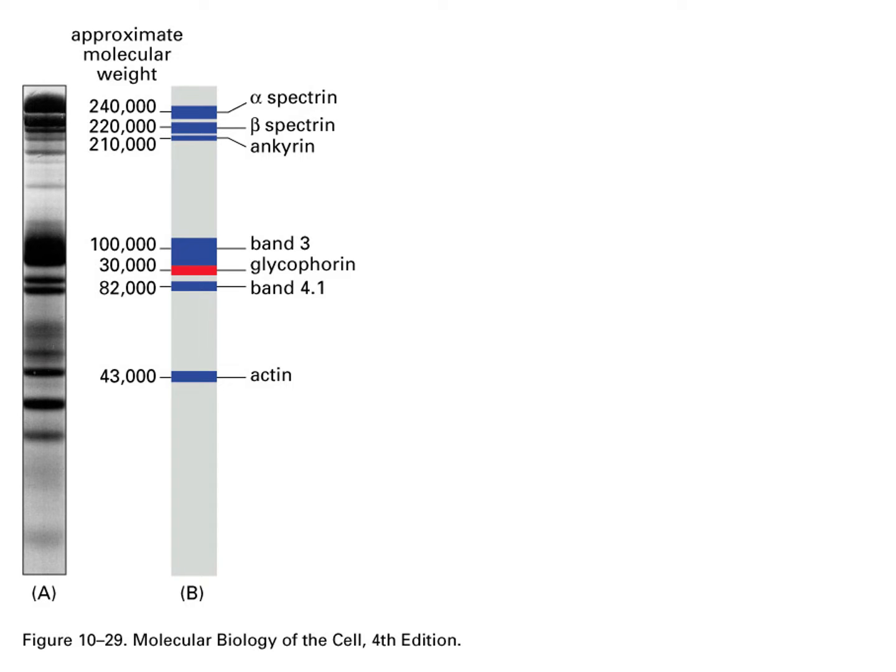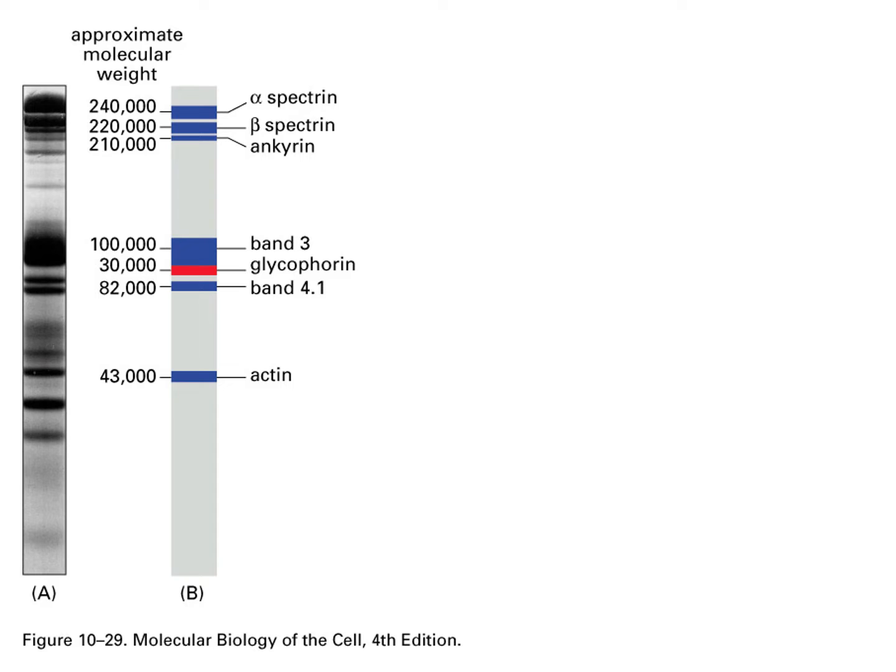So when they did a total protein profile in one-dimensional SDS gels, this is a stain, looks like this is a radioactive labeling of proteins and then exposing it to X-ray film.